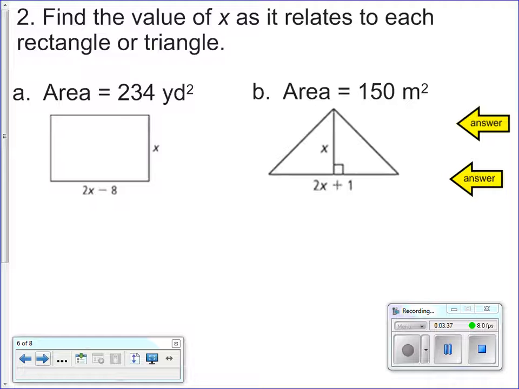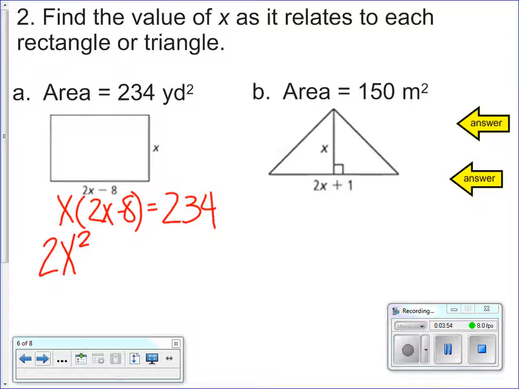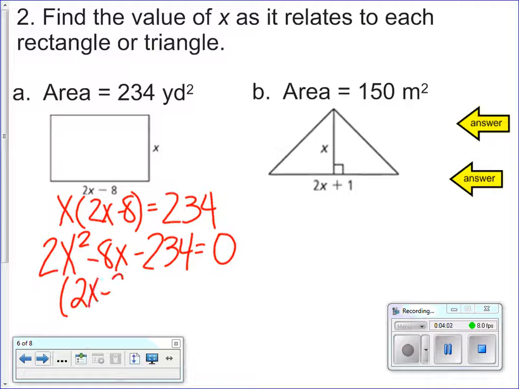Find the value of x as it relates to each triangle or rectangle. So we have our rectangle here. X times 2x minus 8 equals 234. Distribute: 2x squared minus 8x minus 234 equals 0. I factor it, 2x minus 26 and x plus 9.